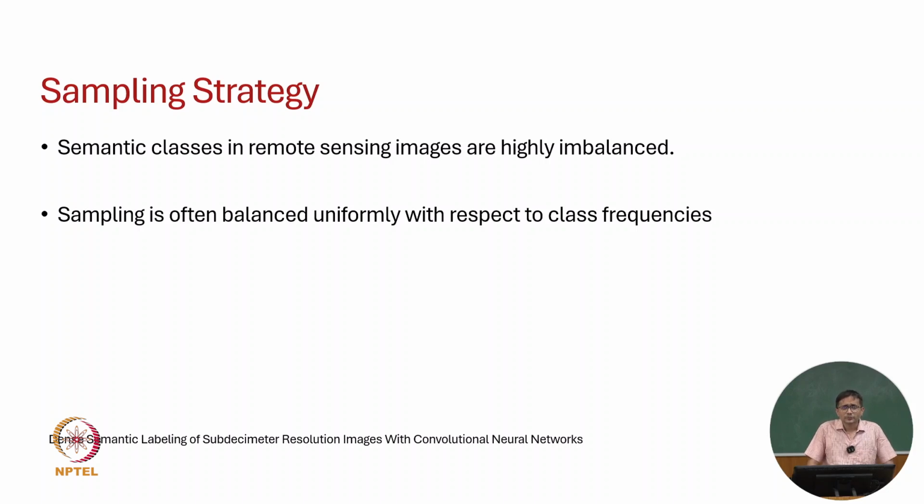Think about an urban scene. It's quite expected that buildings could be much more frequent than vehicles, right? The vehicles will be smaller in size, and if you take a particular image, let's say 224 cross 224, the number of pixels that actually belong to vehicles might be much less.